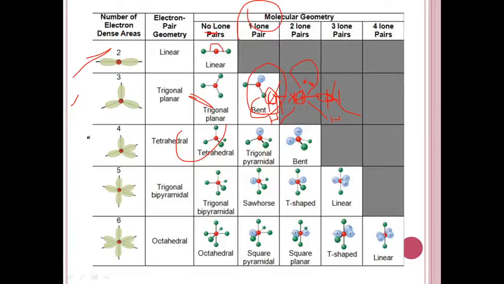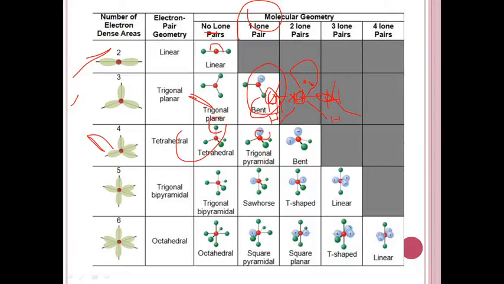Now if you have 4 bond pair, then it is tetrahedral. Out of the 4, if one is lone pair, then it assumes a pyramidal shape. Got it? If all the 4 are bond pair, it is tetrahedral shape.